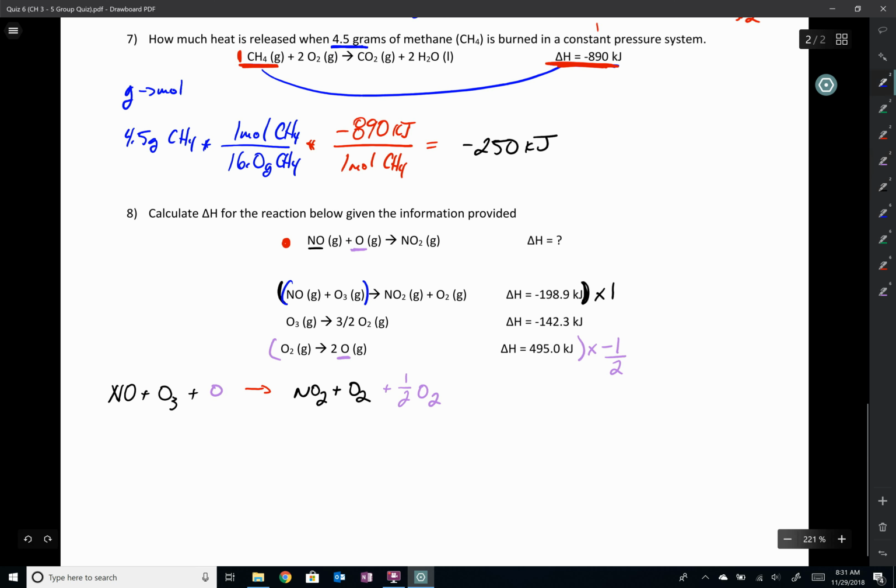I pulled everything from here and here to put it here. And I pulled, I'm running out of colors, so bear with me here, everything from here and here and put it here. And I just wrote out what we've done so far, okay?